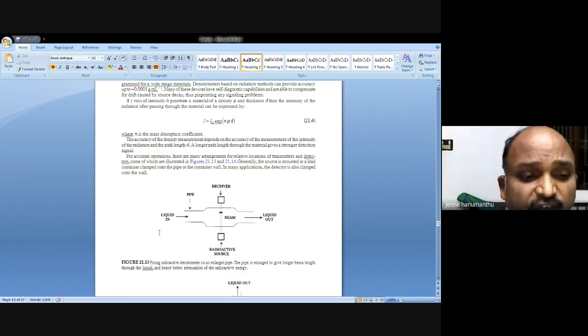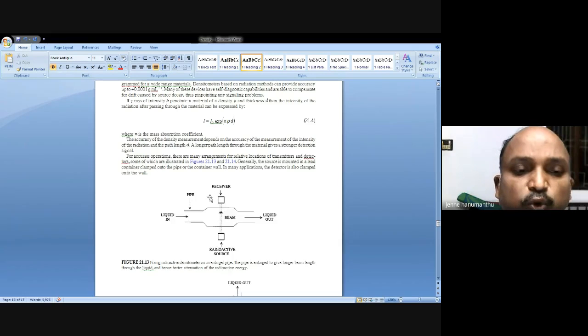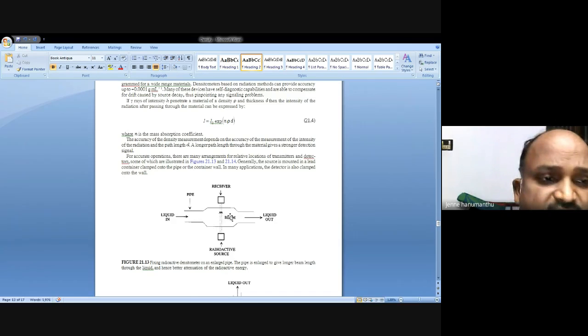So when the liquid enters the pipe, we send radioactive gamma rays through it. When the gamma rays pass through the liquid or fluid, they are detected by the detector, the receiver. There we calculate the intensity, and based upon that intensity value, we can estimate how much density is present.